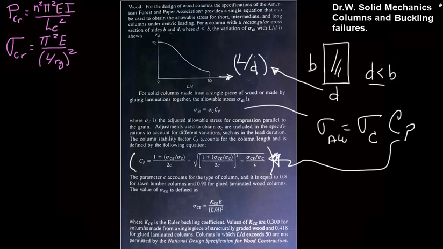They also down here state that you should not exceed an L on D ratio of 50, or the column is going to be too tall, and they won't be permitted. So based on the material you're working with, there are guidelines out there for adjusting our curve from our hypothetical solutions based on idealized conditions to the real-world conditions.